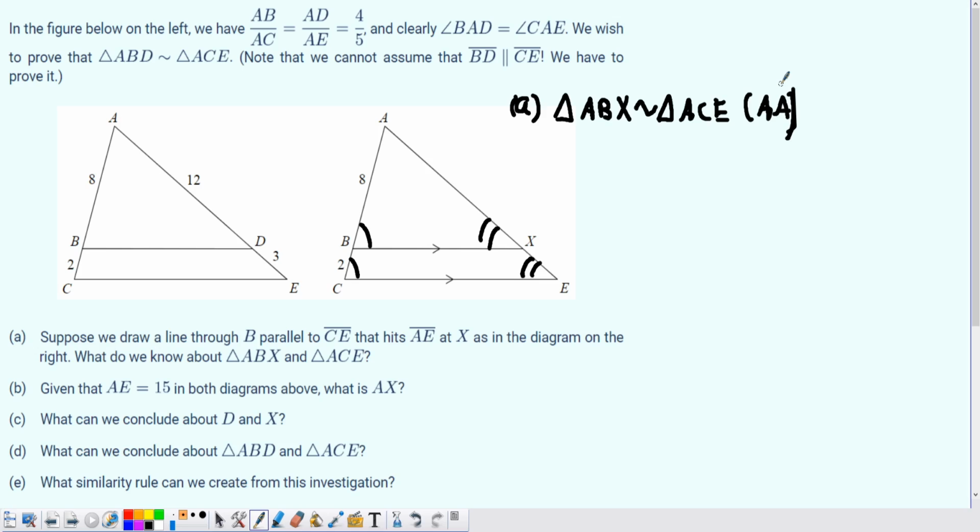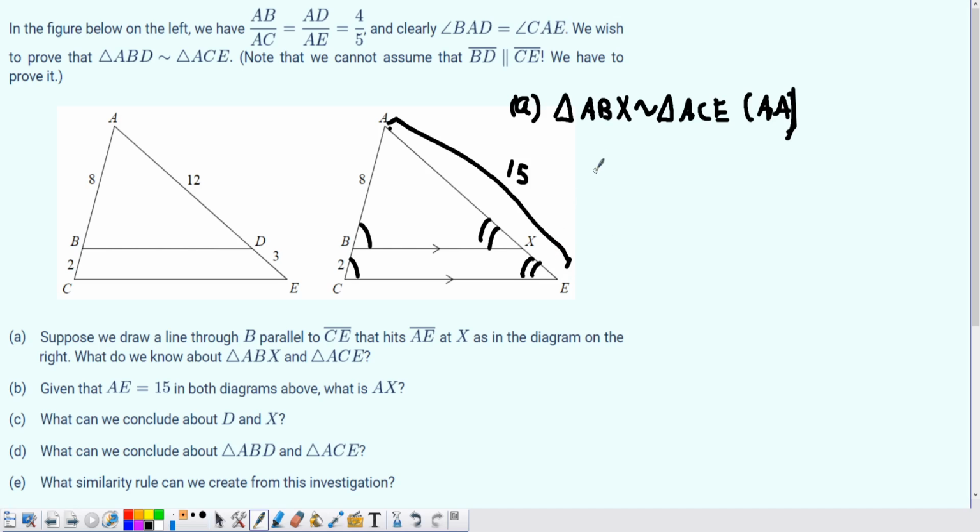Okay, so what does that mean? Well, given that AE is 15 in both diagrams above, what is AX? So, we are saying that this entire length is 15. And we know the sides are proportionate, so let's create some ratios.